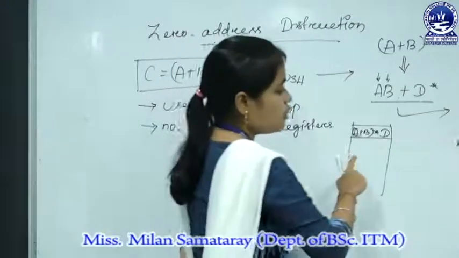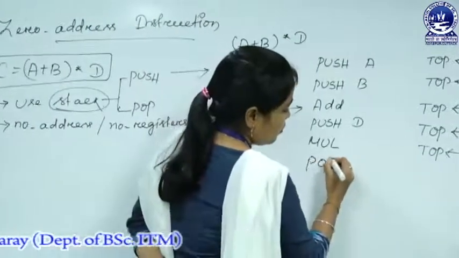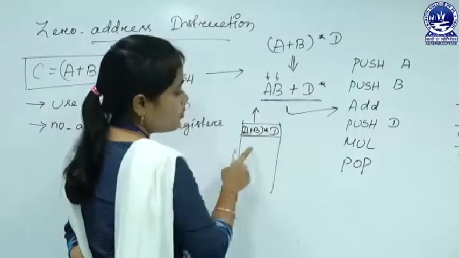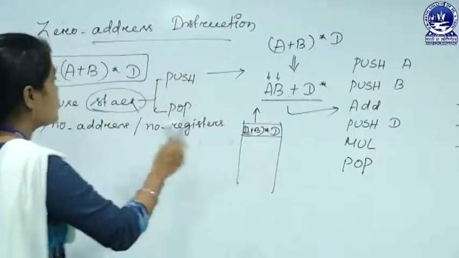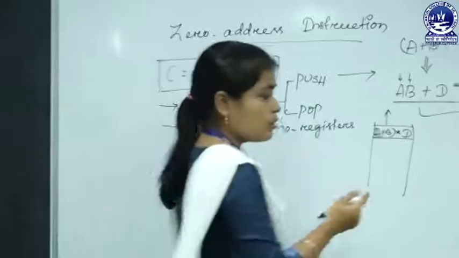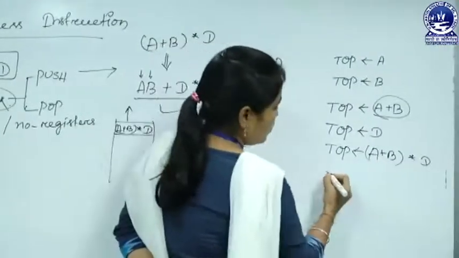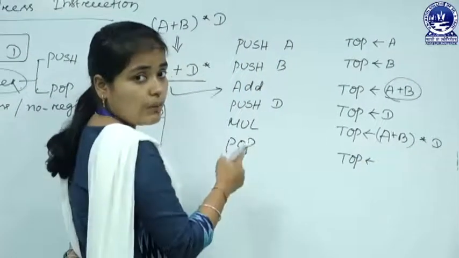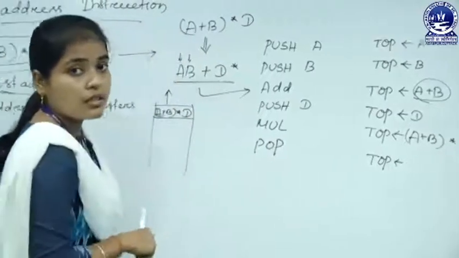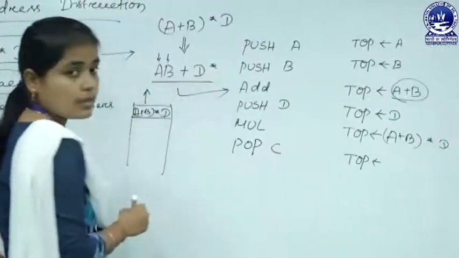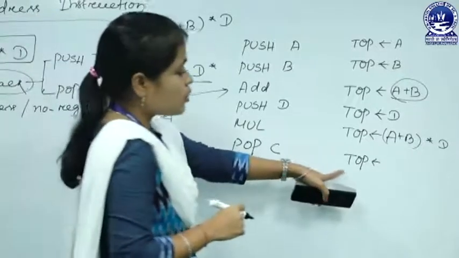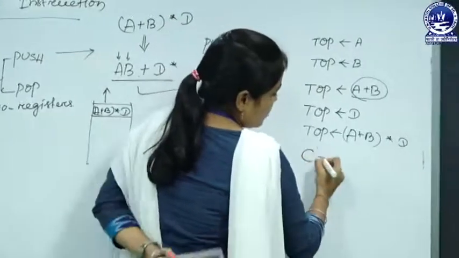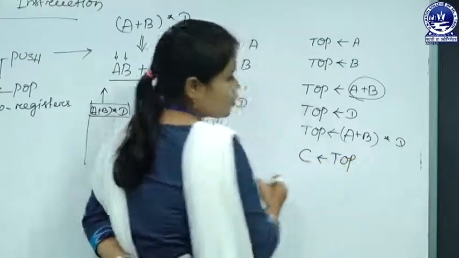So, what we will do? We just have to write the pop operation now, so that we can pop the top of the stack and store it in C. When we write pop, that means the top value is discarded, it is popped and stored in C. You can write it as pop C. So, whatever is on the top of the stack is stored in C. In other words, now C contains the top value.